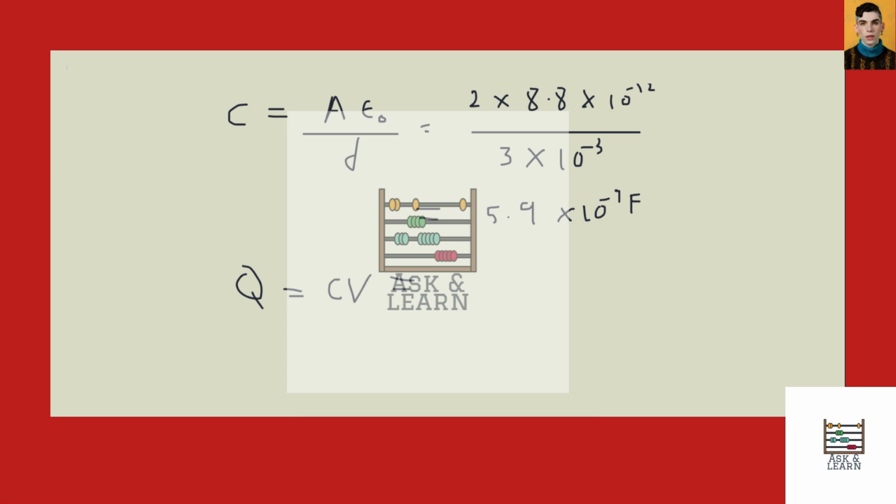You will get the answer as 265 times 5 times 10 power negative 9 coulomb. Since you want to keep the answer in just two significant digits, it's 2.7 times 10 power negative 7 coulomb.